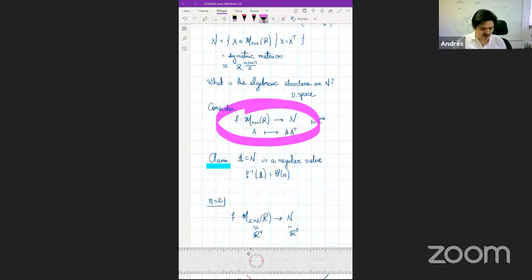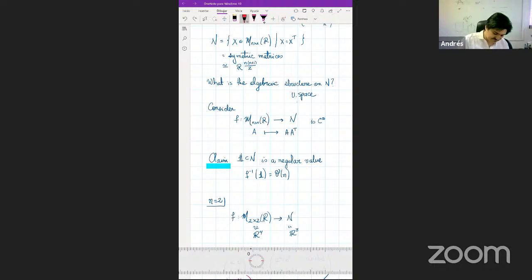Then what is the dimension of O_N? It is the dimension of n squared, this dimension, minus the dimension of this one here. And what is that?